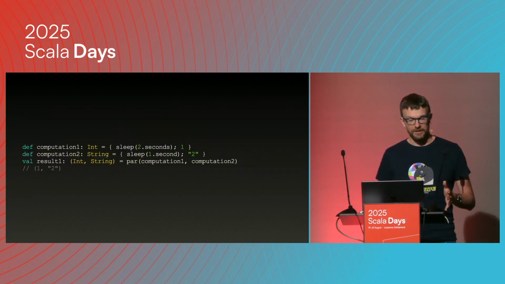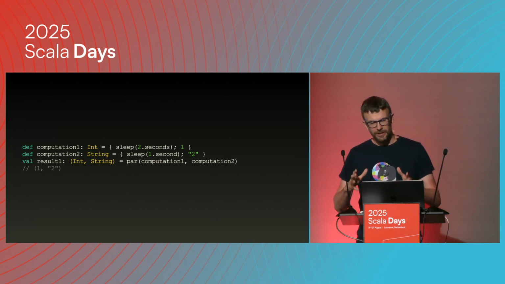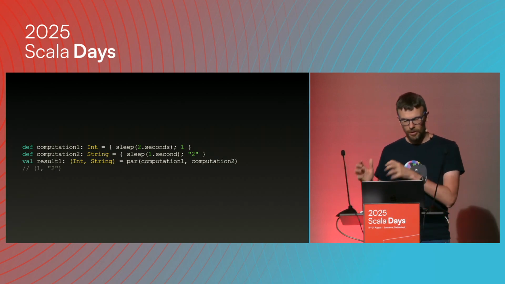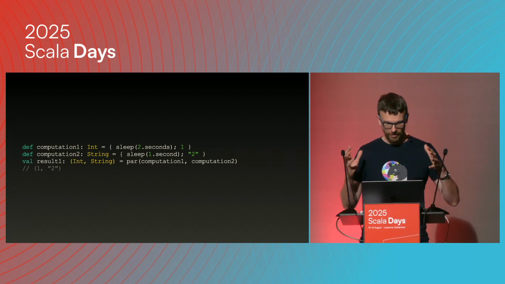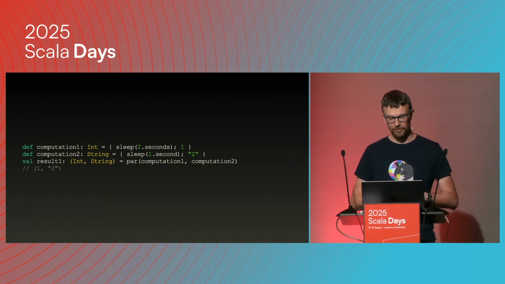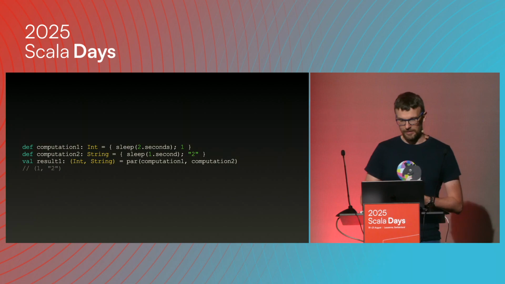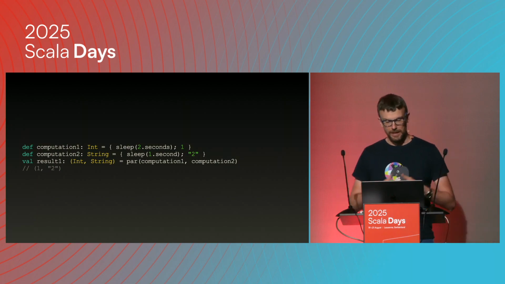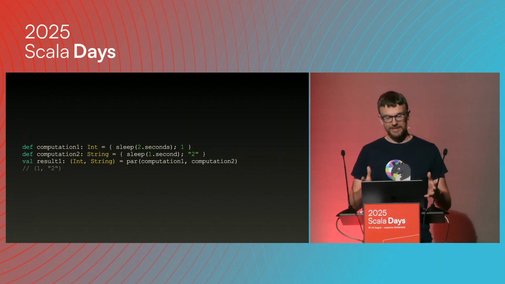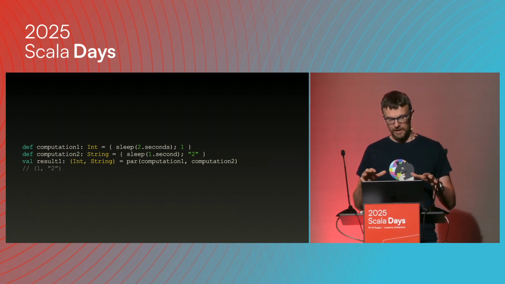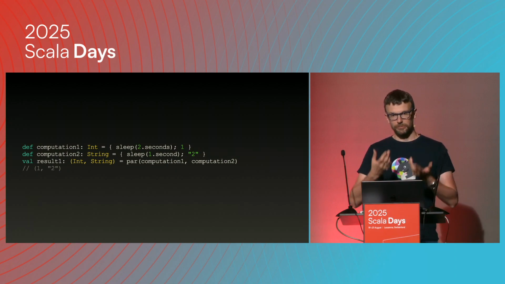So let's start with concurrency, right? Concurrency isn't that common in our code. However, it often is shown as an example of what your concurrency library can do. So as an example here, we have two computations that we want to run in parallel.